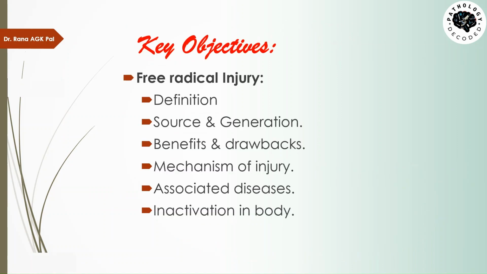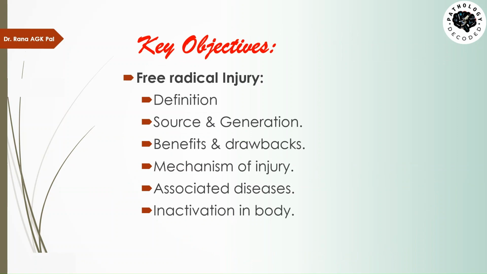The objectives covered in this chapter: now we know the definition of free radicals, what free radicals are, why they are so highly unstable, and what we mean by them being autocatalytic, and how these free radicals are generated in the body. We have discussed 5 different mechanisms of their generation, what beneficial purpose they serve by being generated in the body, and what drawbacks we see when they are generated in excess amount.